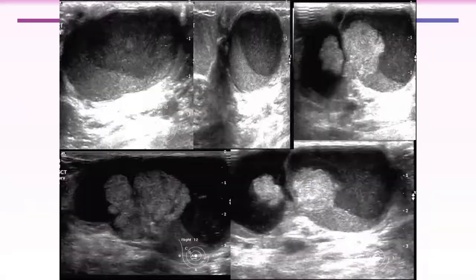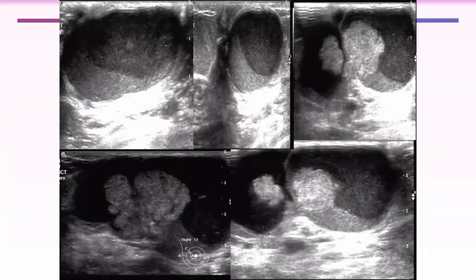This is the ultrasound. What about the ultrasound? The ultrasound shows a circumscribed mass with different density and different echogenicities.